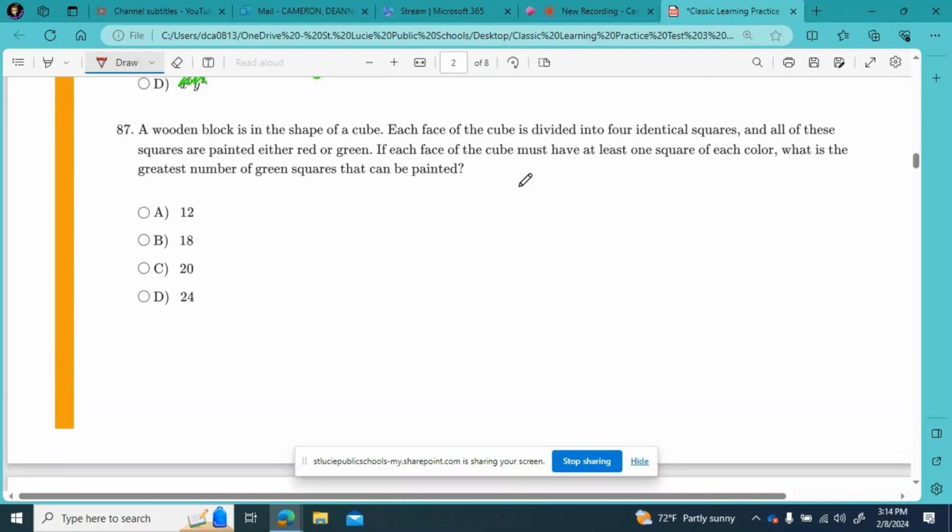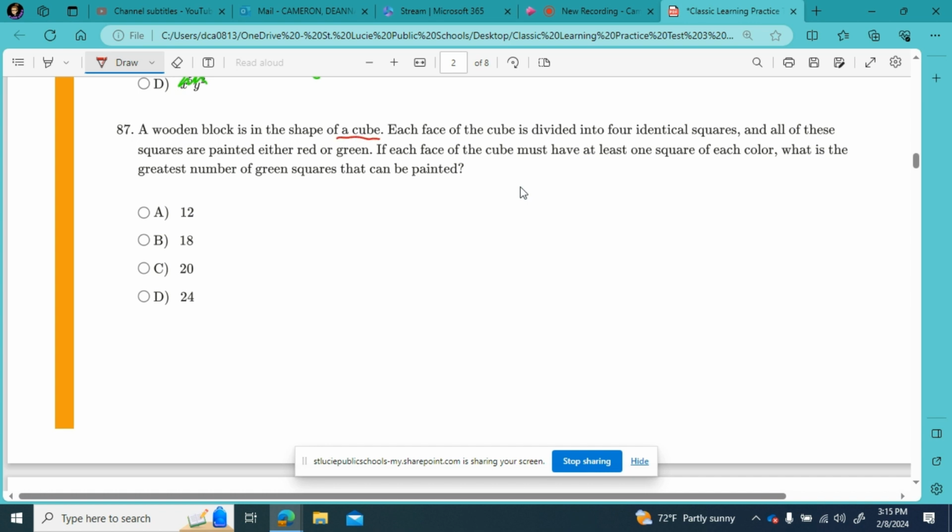We are on CLT math practice test number 3, taking a look at some test prep for your upcoming CLT exam. Number 87 says a wooden block is in the shape of a cube.